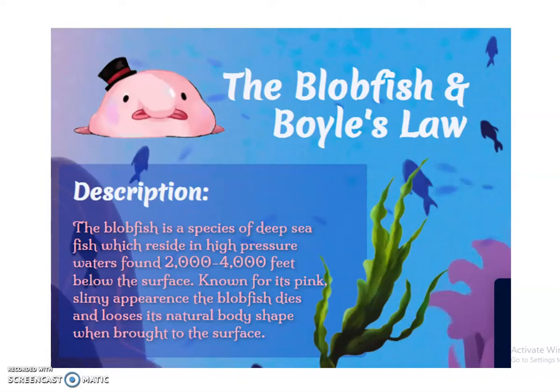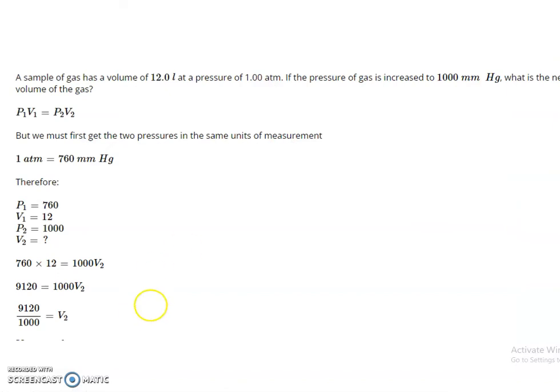So when the fish travels from a high pressure region to a low pressure region, the volume will increase, and ultimately the blobfish will just become like this and it will die. So see how Boyle's law operates in every walk of life.